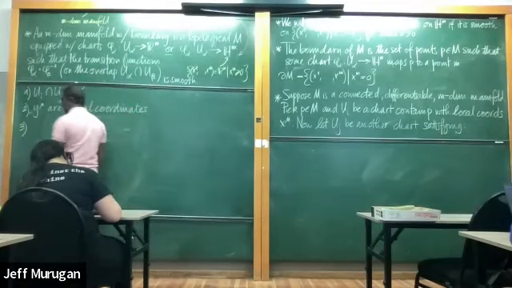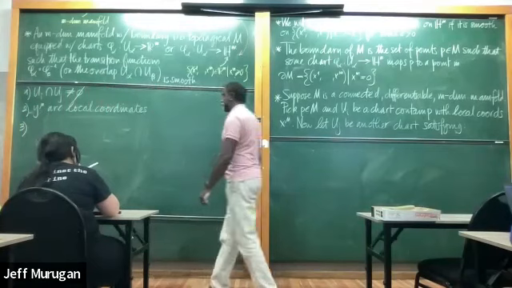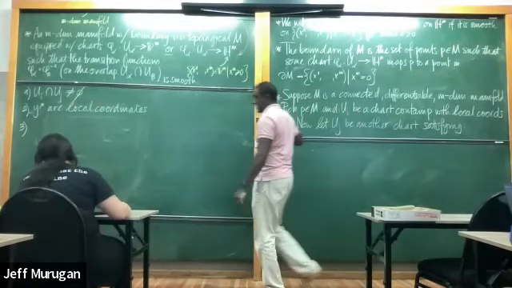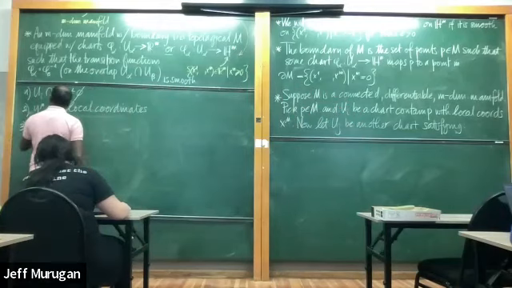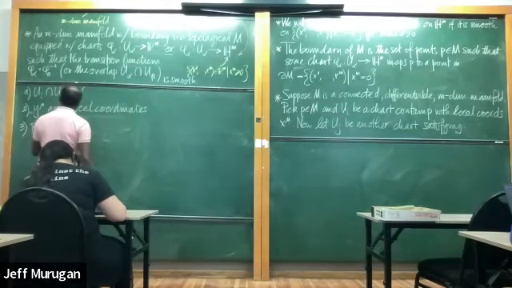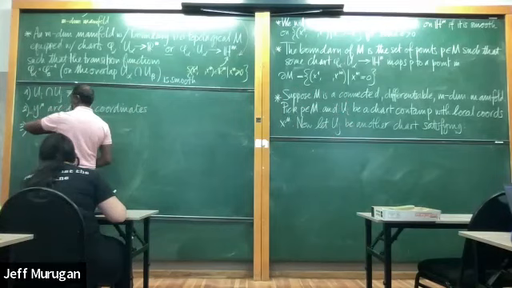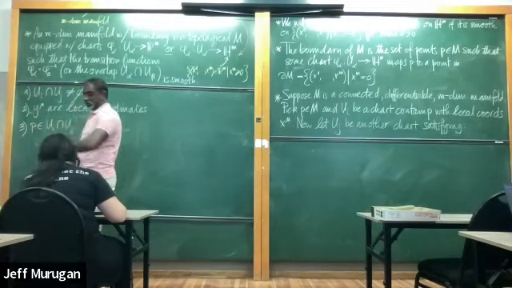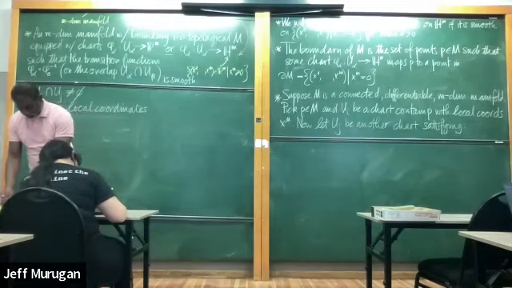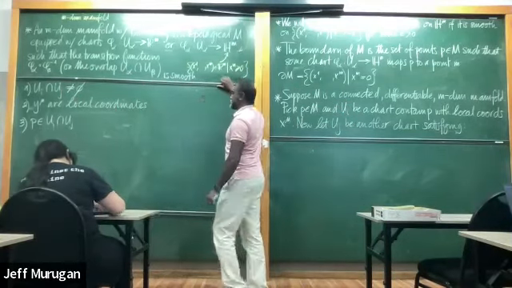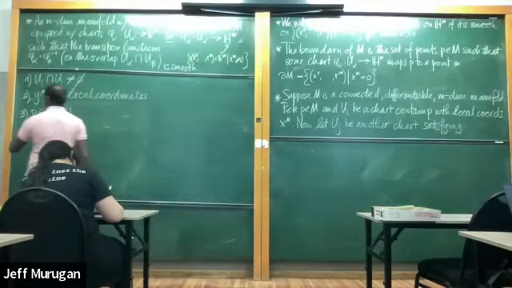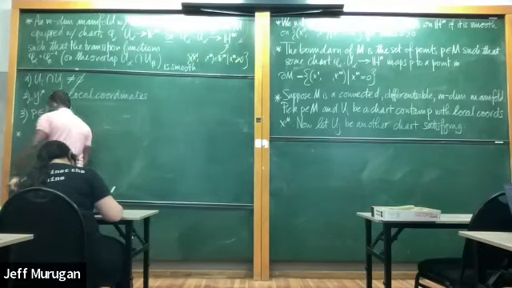And finally, I want the point P to be in the intersection of U_i and U_j. So now, given these two charts U_i and U_j, let's see what we can say about them.